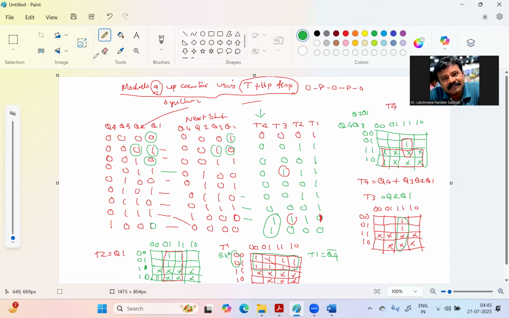This is Q4, Q3, Q2, Q1. So these are all the equations, right? That is T1 is Q4 dash, T2 is Q1, and T3 equal to Q2, Q1, and T4 equal to Q4, Q3, Q2, Q1. Right?